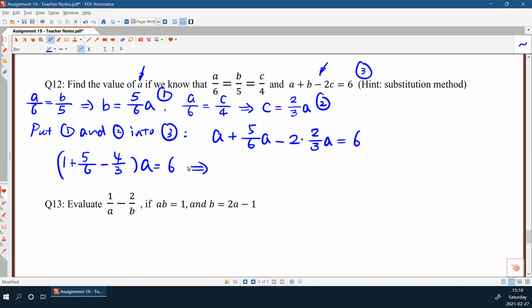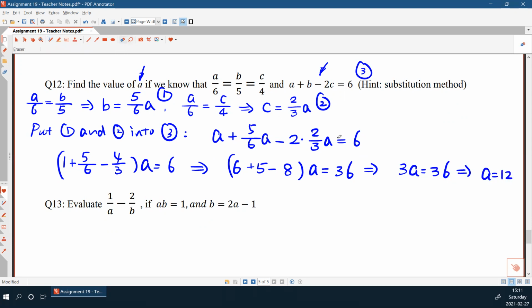So this means we can times 6 to both sides of the equation to eliminate the ratios to make the problem much easier. Okay, so this gives you 6 plus 5 minus 8a equals 36, right? Okay, so this is actually 3a equals 36. So what is a here? Of course, a is 12, right? Okay, any questions?